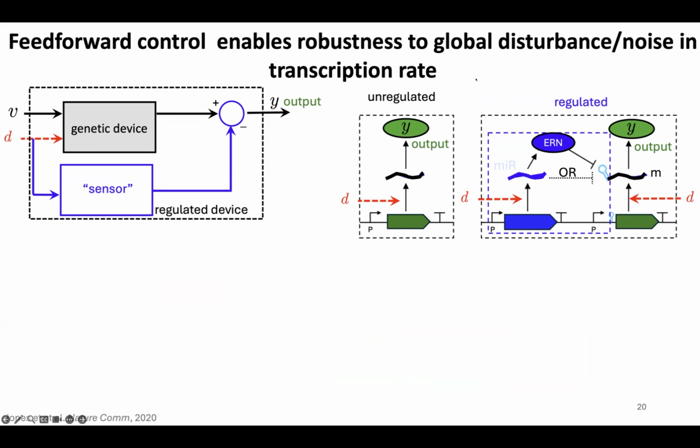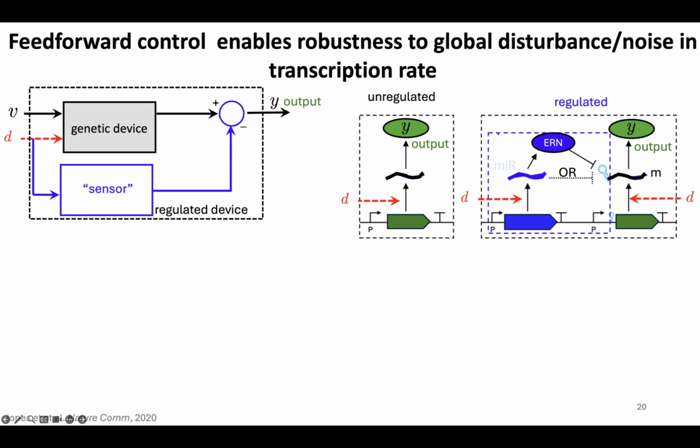So I'm comparing here an open loop or unregulated system, where we have a bunch of disturbances hitting your transcription-translation process, and the regulated system in which we engineered the feed-forward control by an ERN, which is essentially a protein that binds a target sequence on the mRNA and targets that for degradation. We engineered a bunch of controllers, either using ERN or also with microRNAs, but I'll just focus on the ERN side.